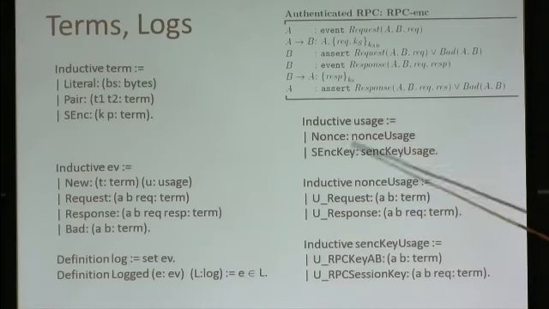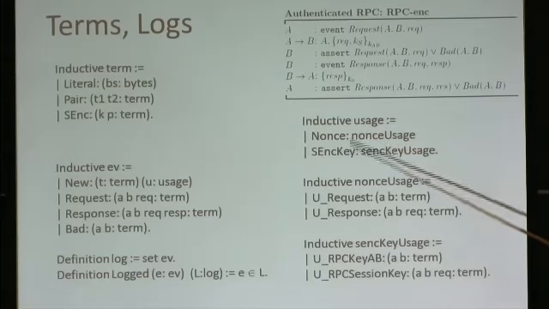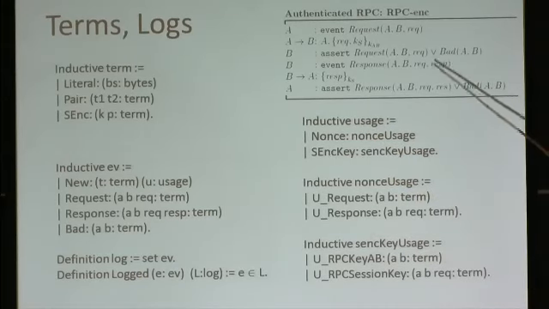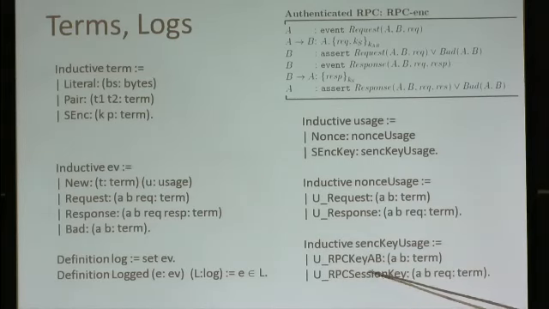On the other hand, a byte string might be a symmetric key, and in that case, there's 2 kinds of keys. There's a long-term key between A and B, which is RPC KAB between A and B, and there's also the session key that's specific to a particular request. So we have a constructor that says just that it's an RPC session key with some data.